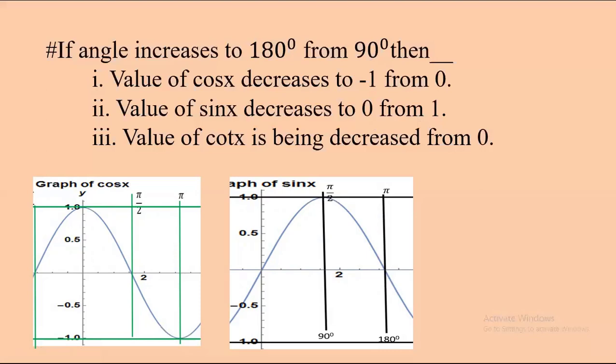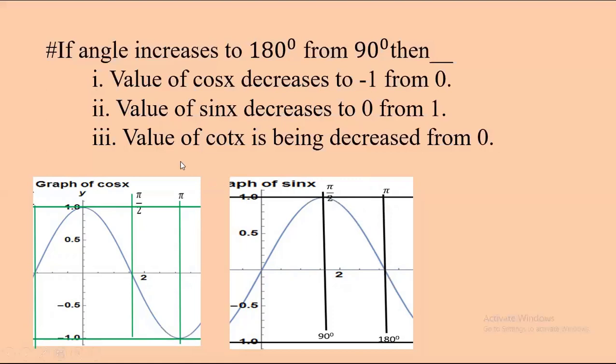The value is 1, and it is decreasing. So from 1 to 0. So option 2 is also correct. The value of sin x decreases to 0 from 1. From 1 it decreases to 0.